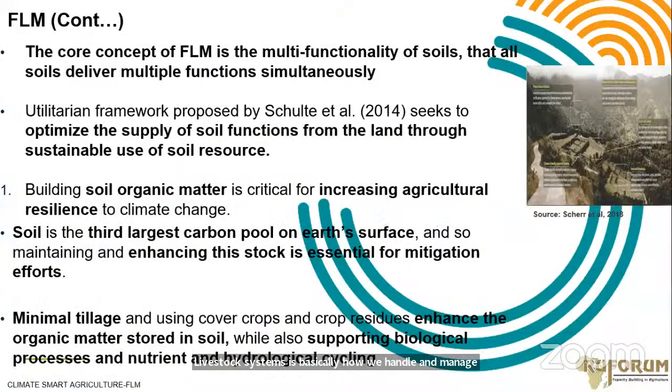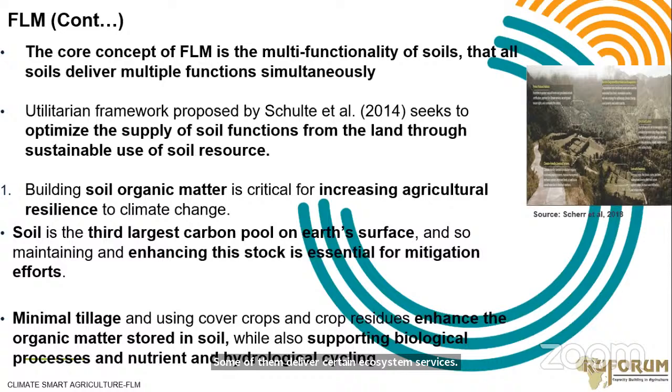So the core concept of the functional land management approach is the multifunctionality of soils that deliver multiple functions simultaneously. But some of them deliver certain ecosystem services better than others.